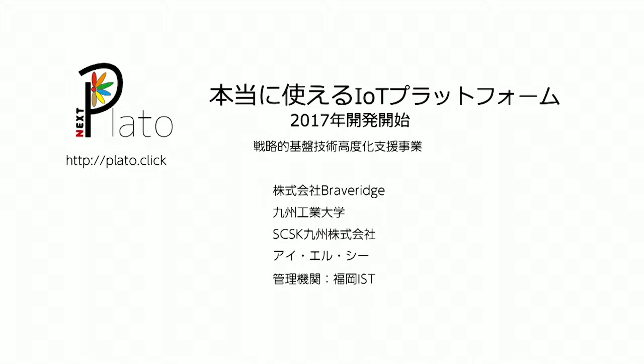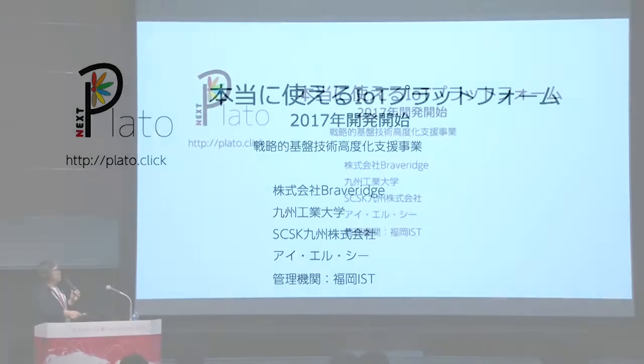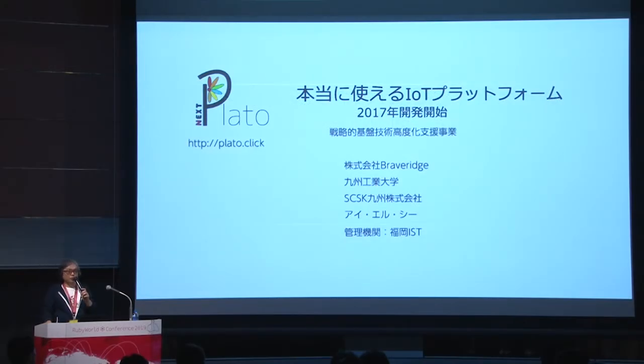Our idea was adopted by the support industry. Rwc is a company in Fukuoka that is quite strong in technology, and we worked with the same group of people who work on a plateau at Kyushu Kogyo University, and also SCSK Kyushu, IOC, and Fukuoka East.